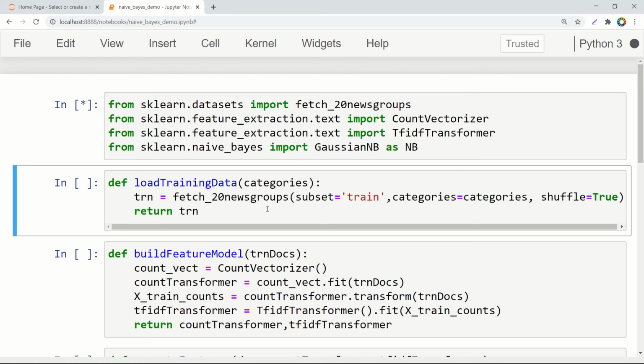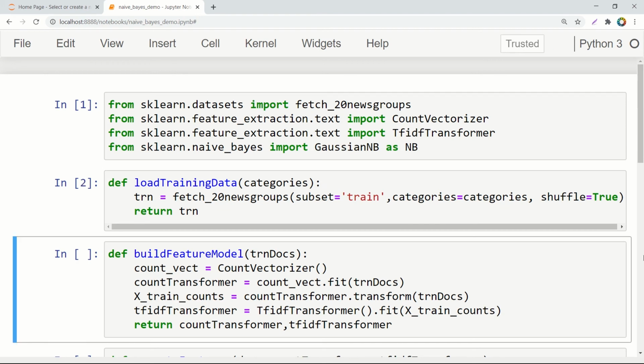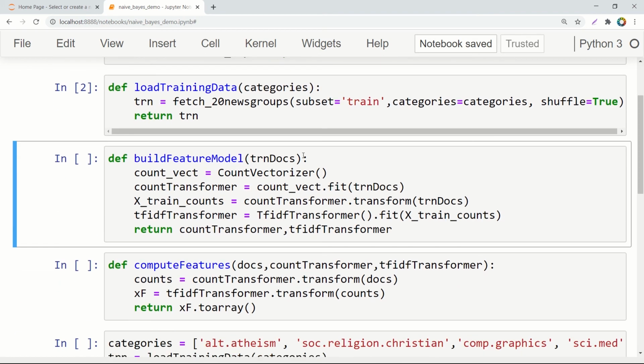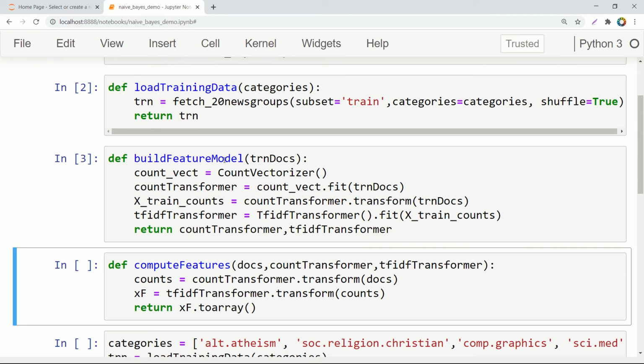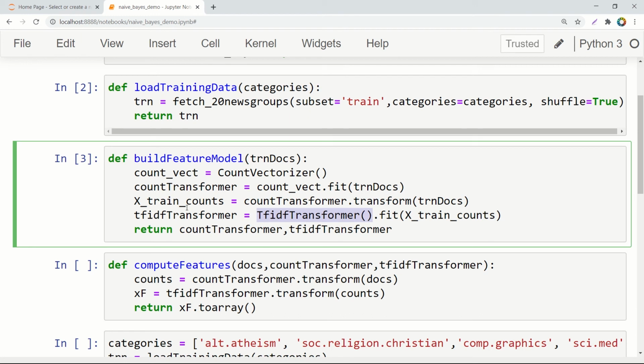So let's load that. Here we have loaded the training data. That's a function that will help us load the training data. And this is a function that, given the training data, will return us the model for extracting the features. It first builds a count vectorizer for counting different terms, and then a TF-IDF transformer to convert the counts to TF-IDF feature vectors.